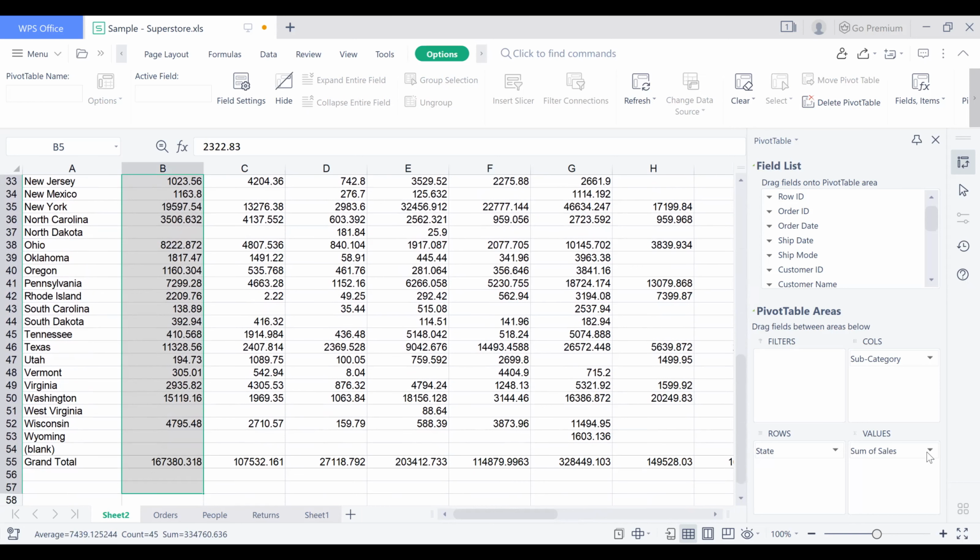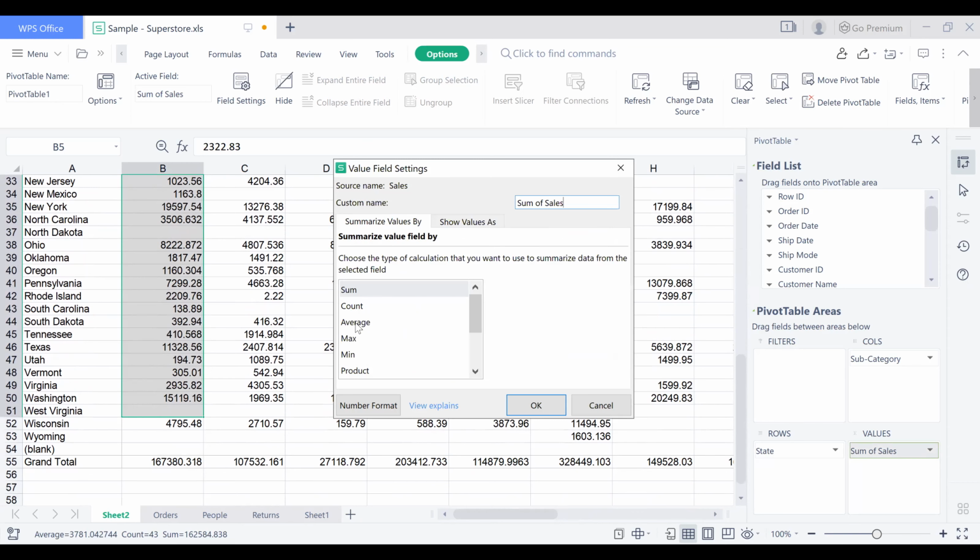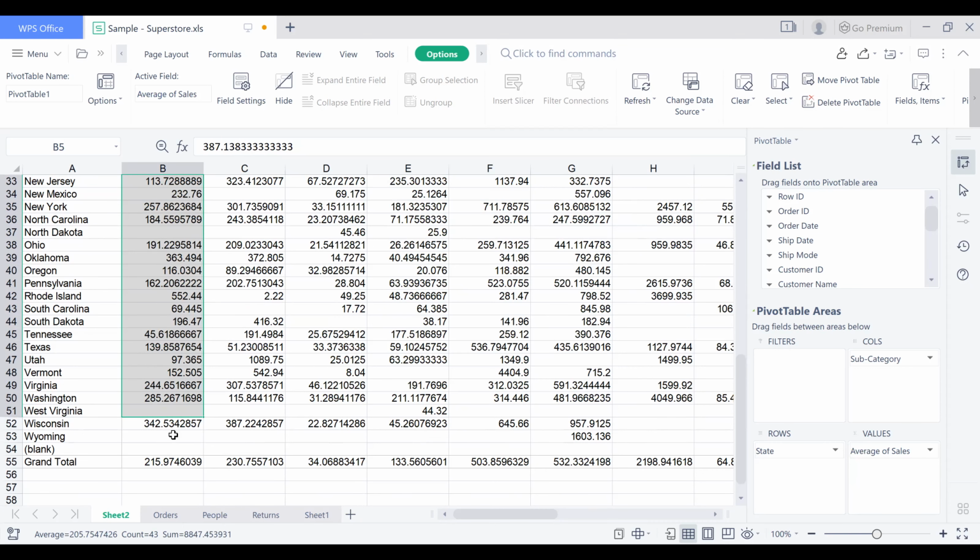See here. Now the average is coming at 209. You understand the difference, right?